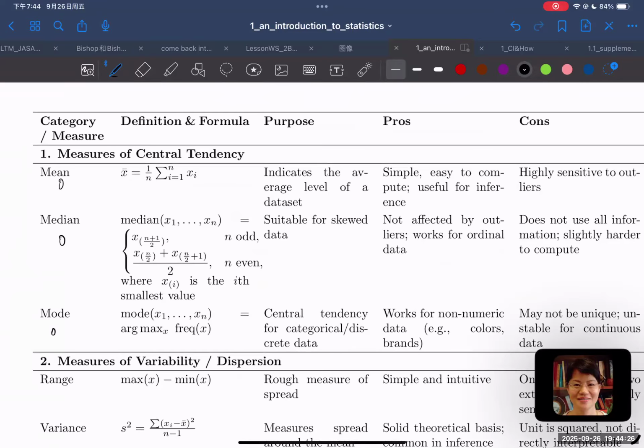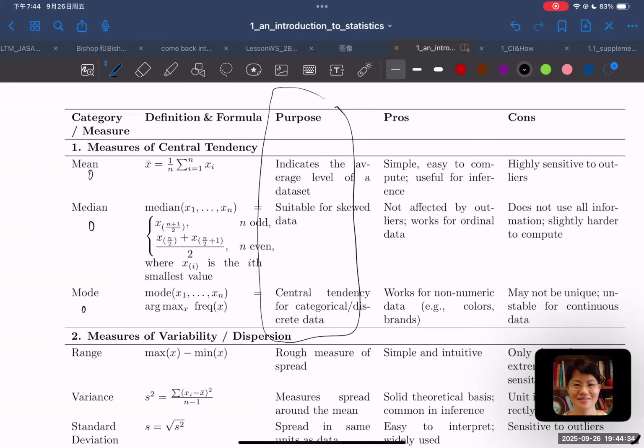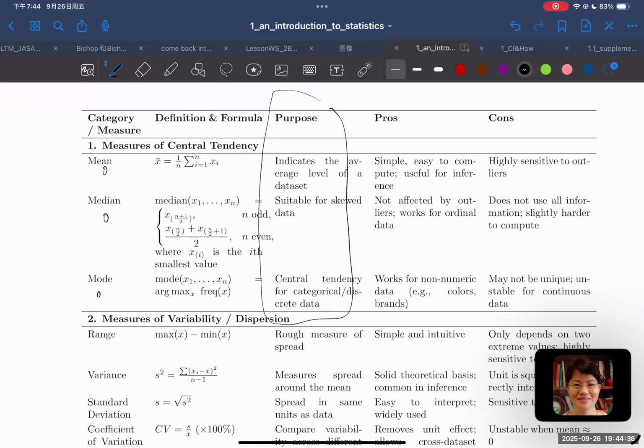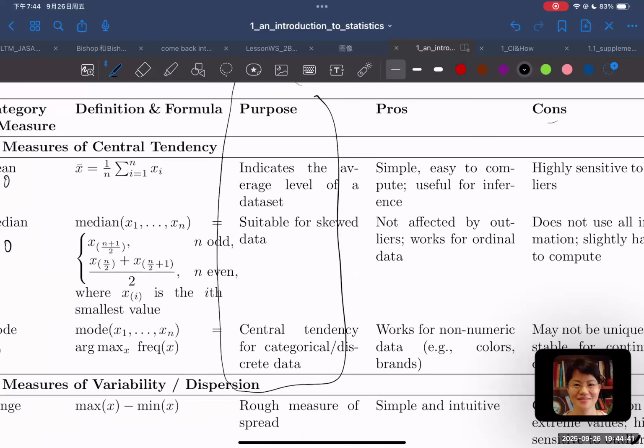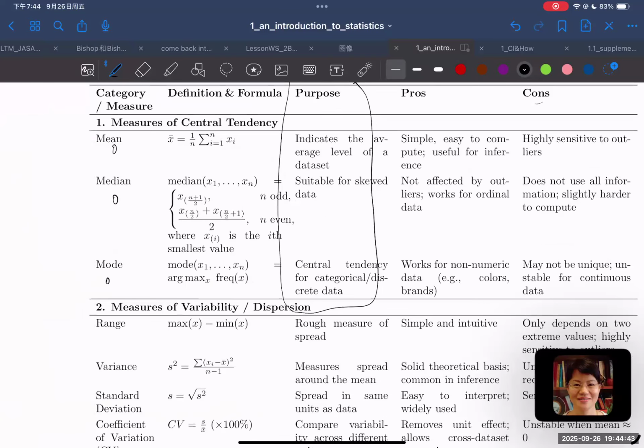For each of them, besides the purpose, for the definition I mentioned already, for the purpose I mentioned also, here we can see the pros and the cons. What are the pros? Pros means advantages, cons means disadvantages. Like for mean, easy to calculate, but highly sensitive to outliers, right?